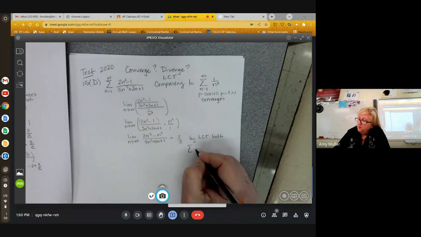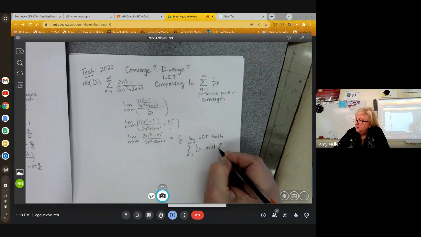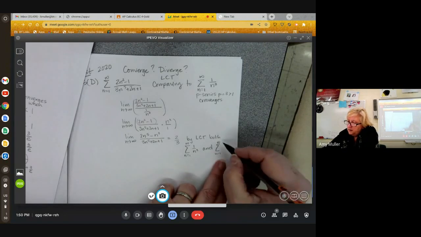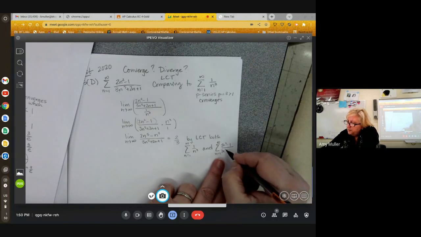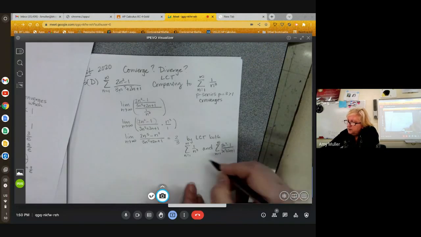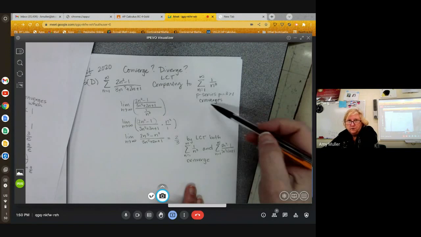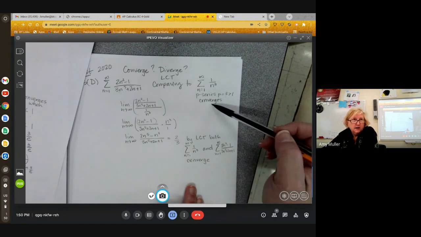Both the sum of 1 over n cubed, n equals 1 to infinity, and the sum of n equals 1 to infinity of 2n squared minus 1 over 3n to the fifth plus 2n plus 1 converge. But somewhere on the paper, you have to say that this one converges, right? You have to tell the folks that this one converges and why it converges, right?